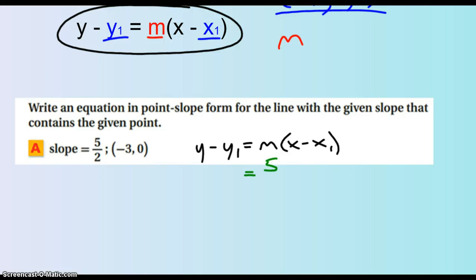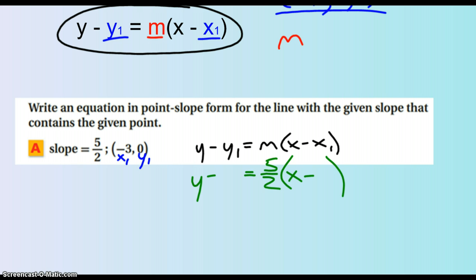So my slope is 5/2, and we're going to fill in the rest here. So my specific point is negative 3, 0. Here's my x, here's my y, and specifically x1, y1, you can just remember that it's the xy coordinate.